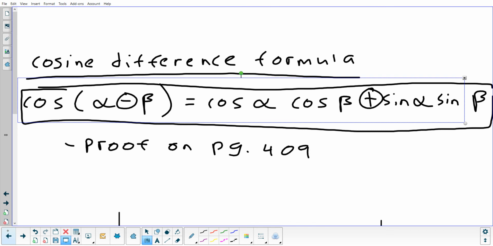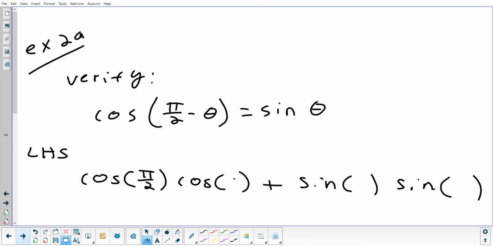What do we have in the place of alpha in our problem? Pi over 2. What do we have in the place of beta in our problem? Theta. So in place of alpha, we have a pi over 2, and in place of beta, we plugged in another Greek letter, theta. So that's the identity. Do you see what's going to go here now?